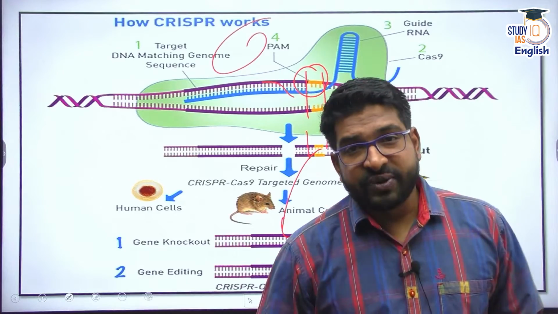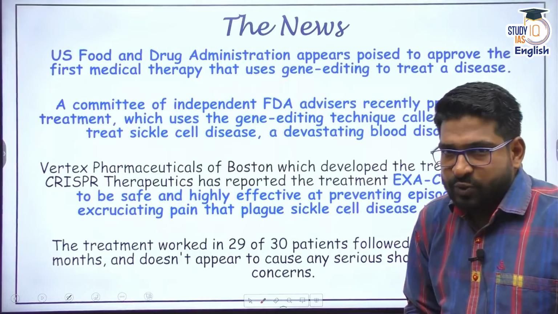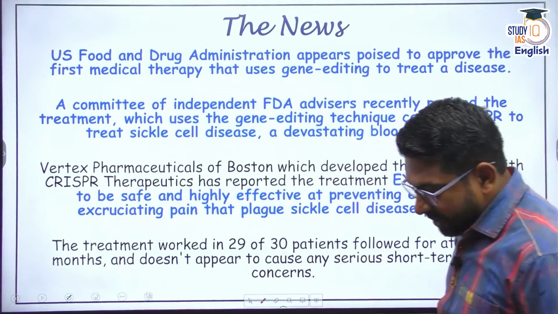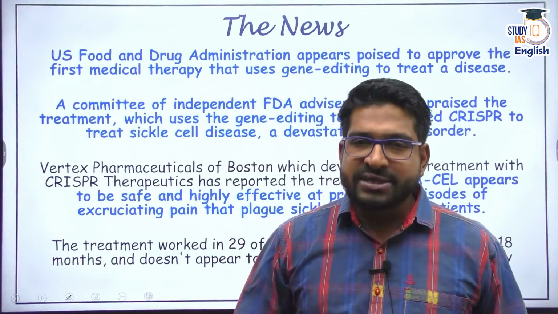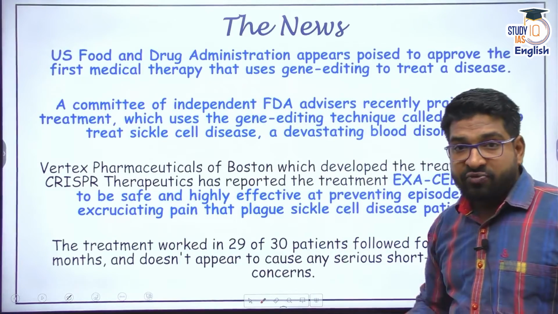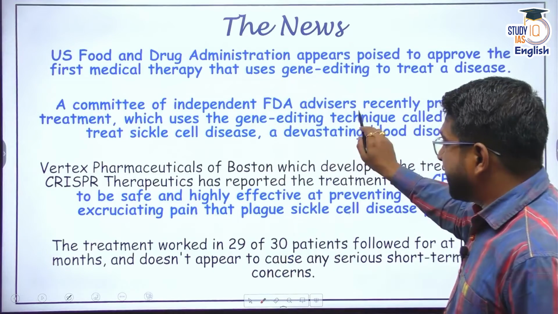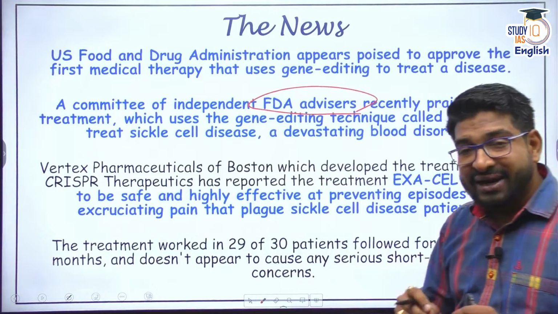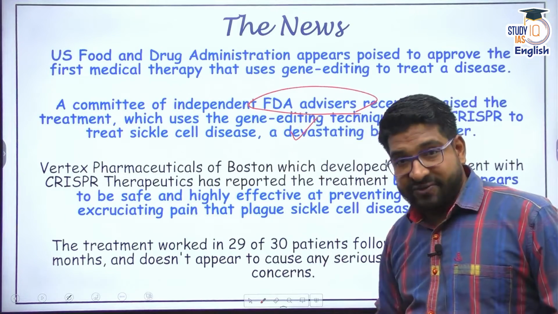And one of the researches that has been, I would say, almost successful, because the application is still pending, is this. The US FDA has received an application for approval of a treatment. Please remember, it is not a cure, it is a treatment for sickle cell disease. And the US FDA will approve. A committee of independent FDA advisors has held that the gene edited treatment method which has been applied for approval is quite safe.